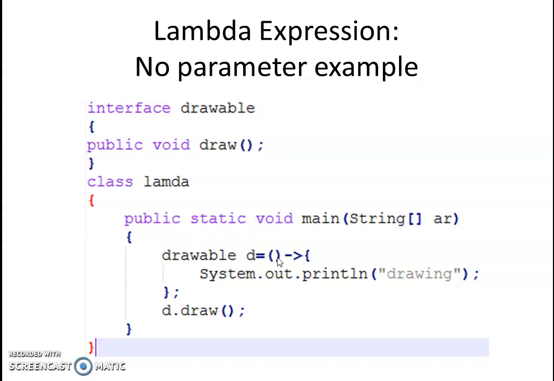So here we are providing the definition of this particular draw method. As we have discussed, lambda expressions are similar to a method without any name. So here the lambda expression name is not mentioned, as it is implicit that it is referring to this particular draw method.